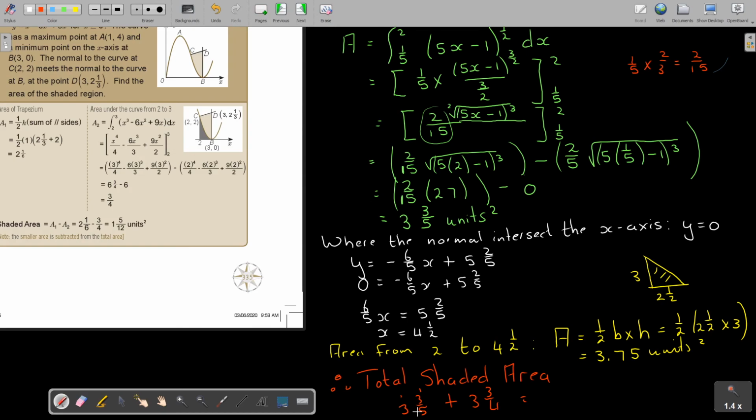So 3 and that will give me an answer of 7 and 7 over 20. Or, what was my other one? Oh, it doesn't matter. Because it was that 7, I was having a decimal. Or 7.35, and that's units squared.